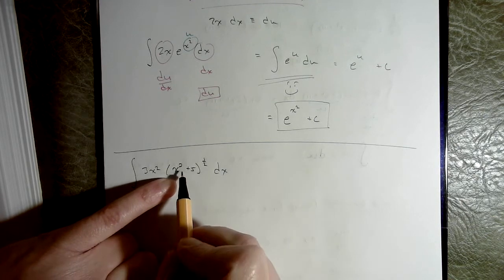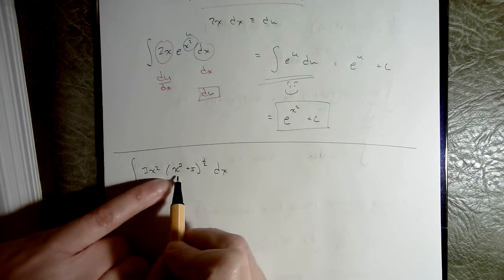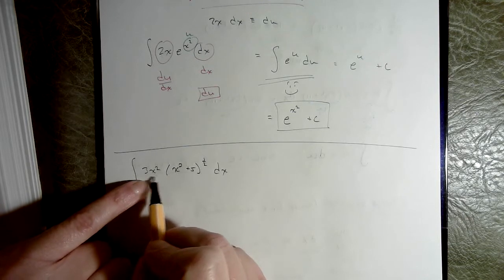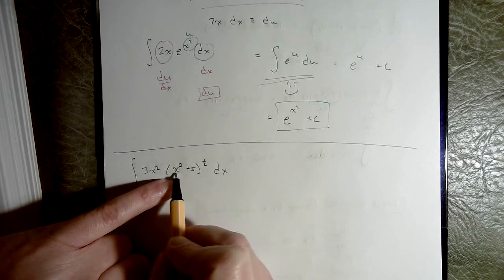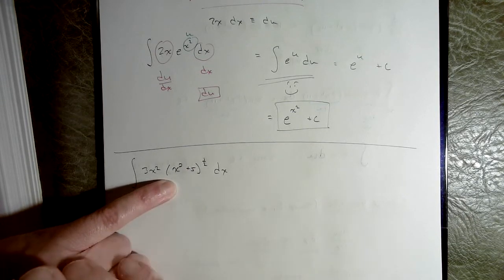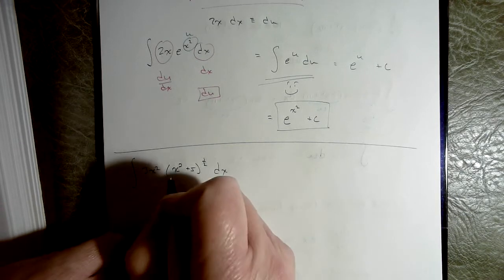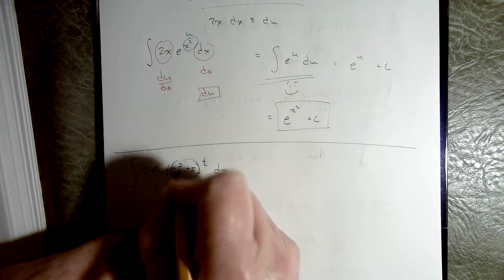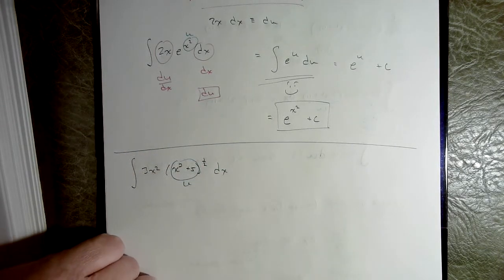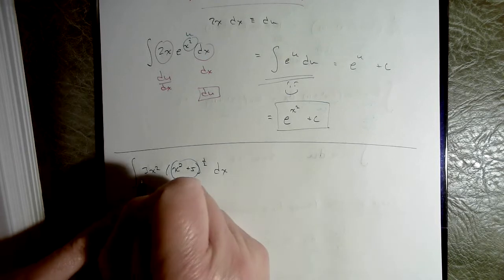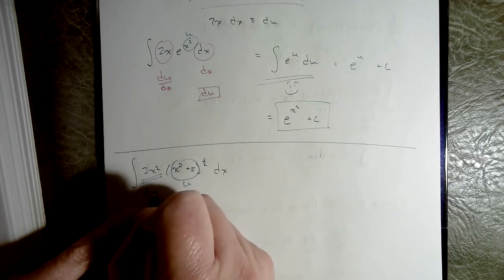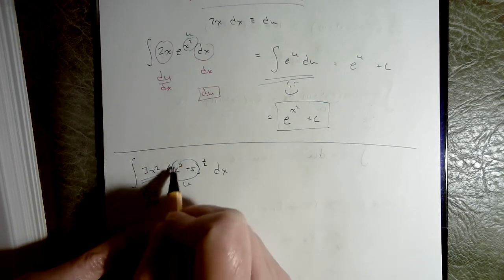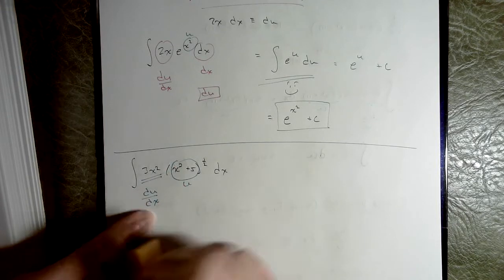And wouldn't you know it, that 3x squared looks an awful lot like the derivative of thing, doesn't it? It's exactly the derivative of thing. So let's call that u. And this business is the derivative of u with respect to x.